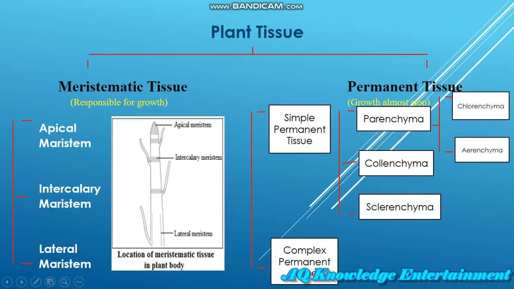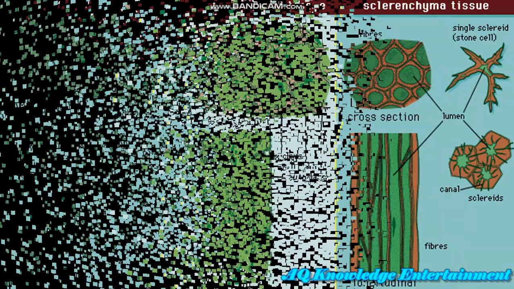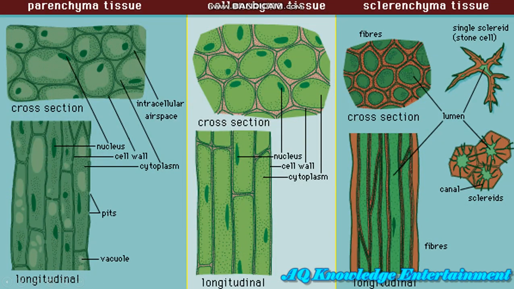Now let me show you the picture of the sclerenchyma. You can see the cells are long, so you can see it longitudinally, right down on the right side. Their cells are very long. And you can see they don't have much space.